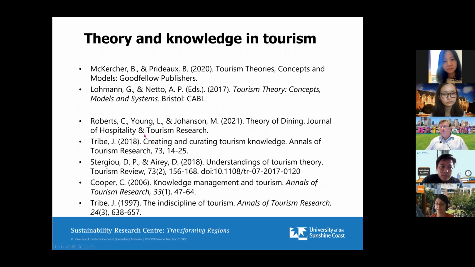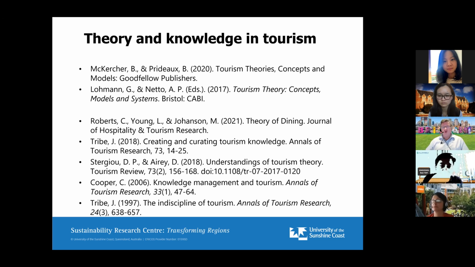Of course, I'm not the first person to think about tourism theory, and I wanted to acknowledge that there has been, in fact, a significant amount of recent thinking about tourism theories, concepts, and models. There was a great book by Bob McKercher, who I think was talking today, Guy Lohmann, for example, and Professor Netto. Then there are people doing work on the theory of dining, and John Tribe is a person who's done a lot of this work in the past, creating and curating tourism knowledge.